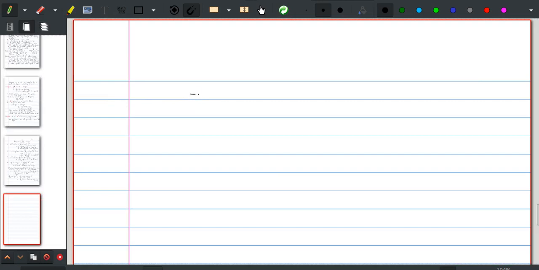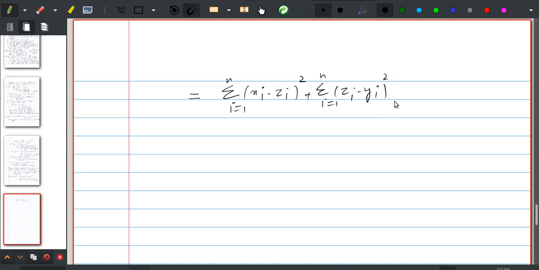This is further equal to sigma i runs from 1 to n (xi minus zi) square plus sigma i runs from 1 to n (zi minus yi) square plus 2 times sigma i running from 1 to n (xi minus zi)(zi minus yi).